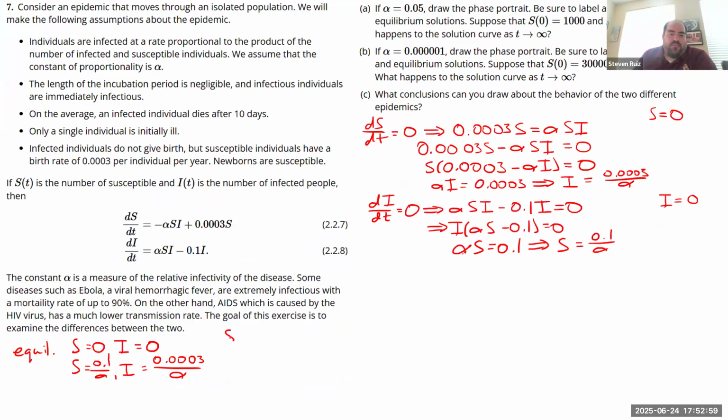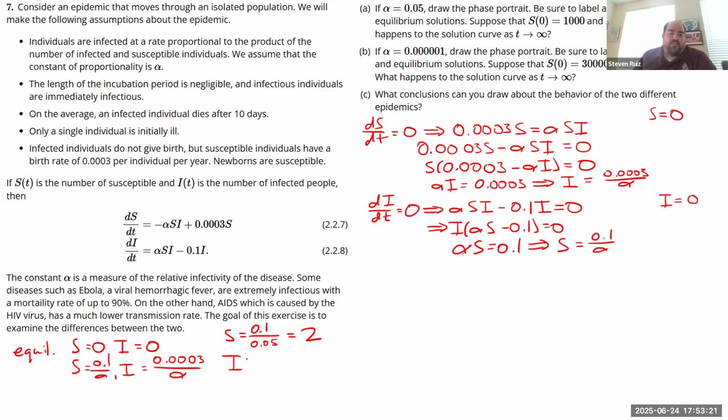So if S is equal to 0.05, 0.1 over 0.05, pretty sure that's just 2. Yeah, it's just 2.